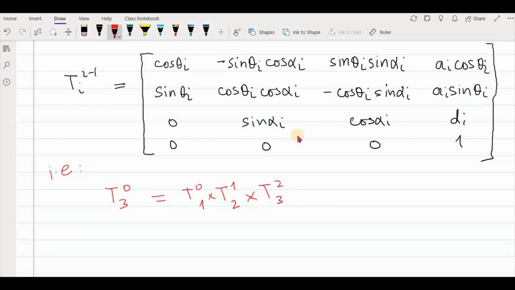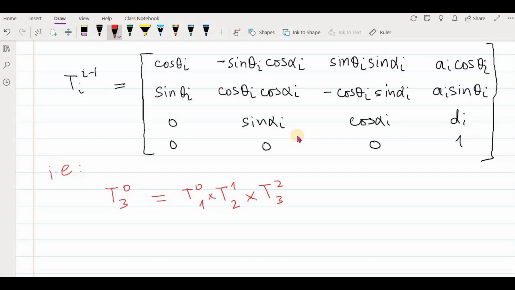For each of these transformations, for example if you want to find the transformation 1 to 0, you should know these DH parameters: theta_i, alpha_i, a_i and d_i.